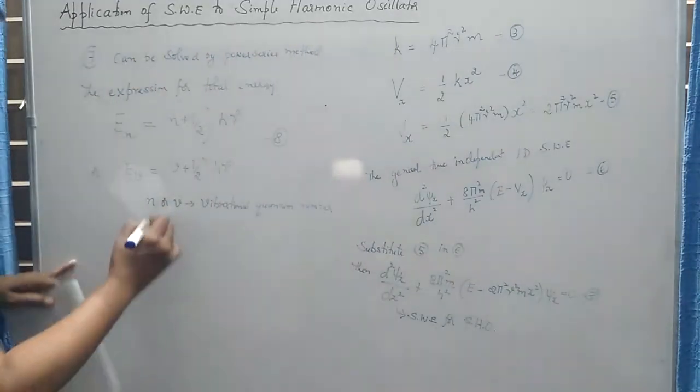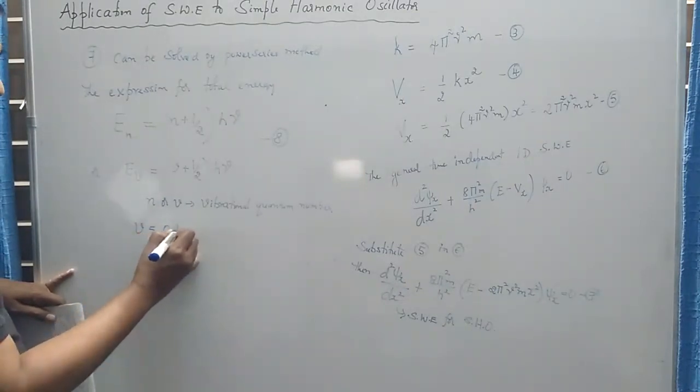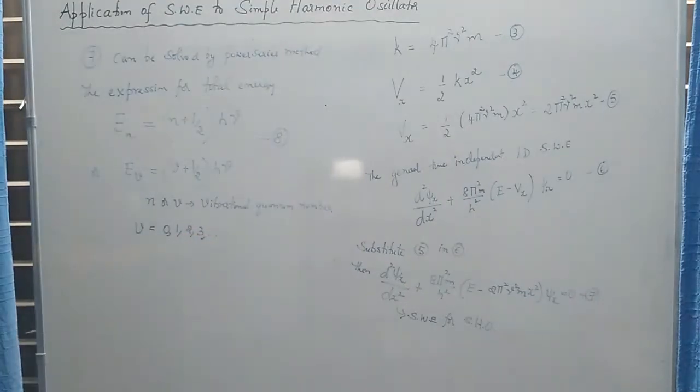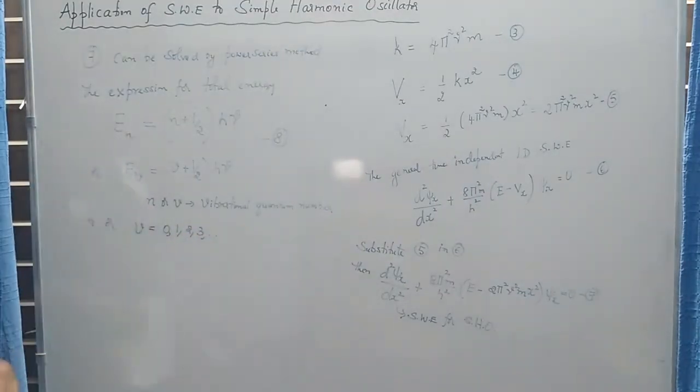The values this vibrational quantum number can take are always integers starting from 0. So the lowest value of n or v is 0, and it can take only positive integral values. That is why it is a quantum number, because its value is restricted to certain values.